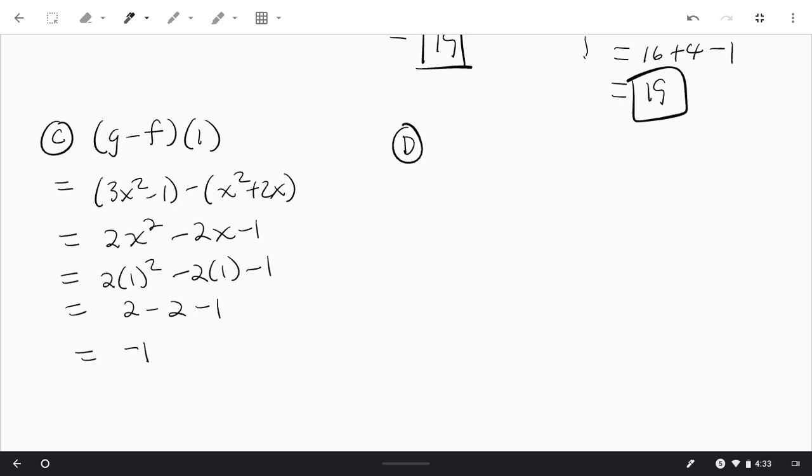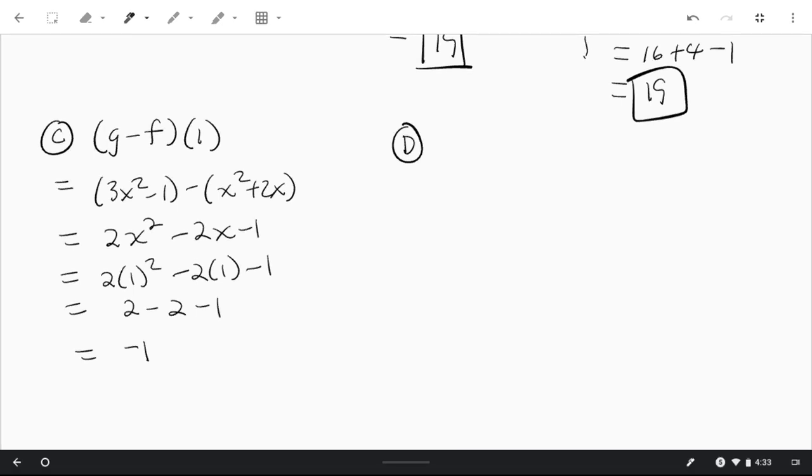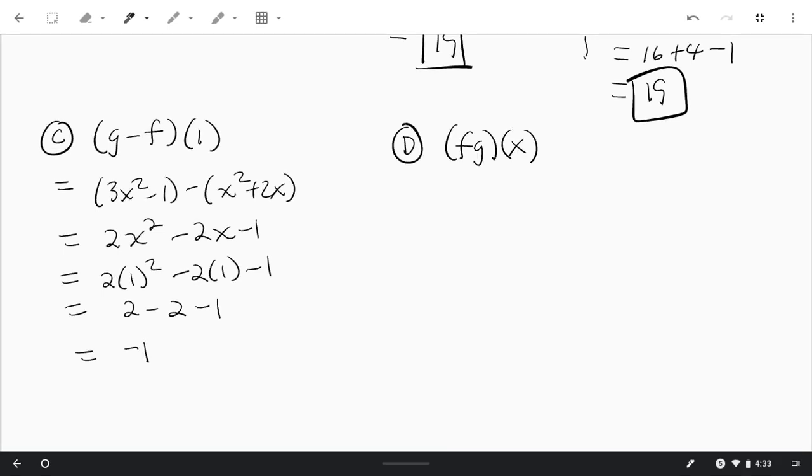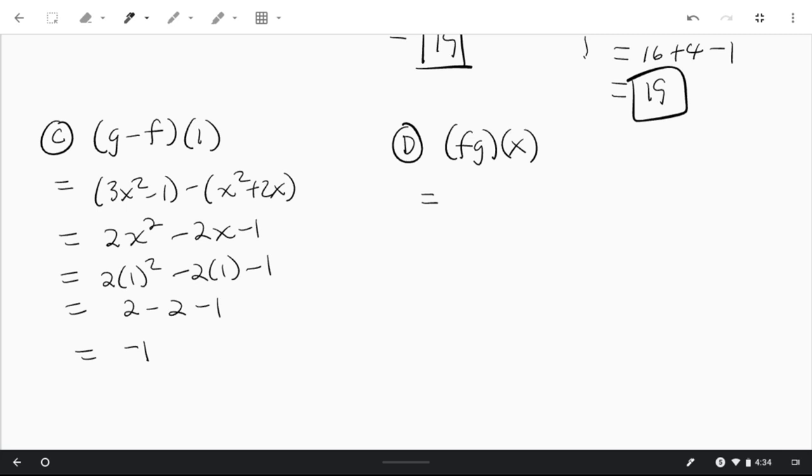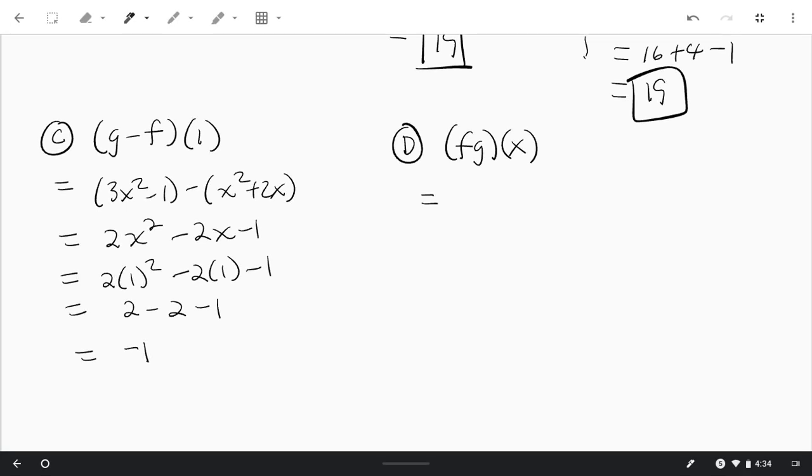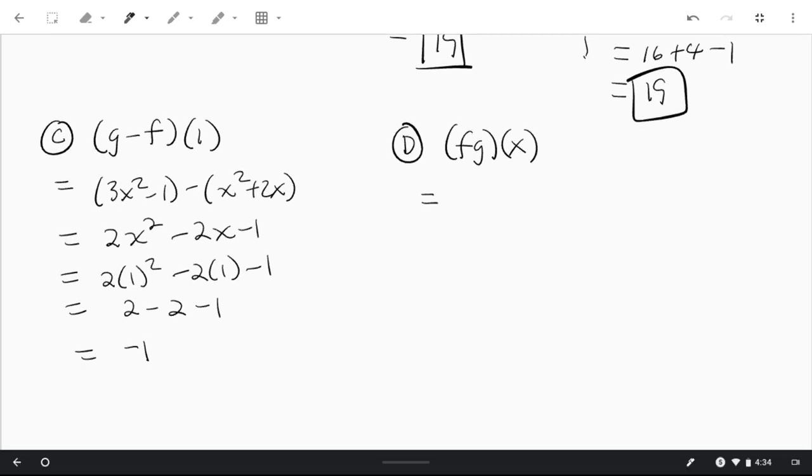Let's take a look at f times g of x. Here again, no particular x value to evaluate the functions, so we just need to take the two functions and multiply them together. So I have x squared plus 2x times 3x squared minus 1.